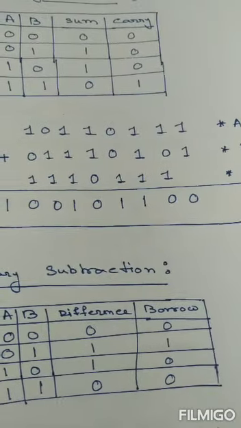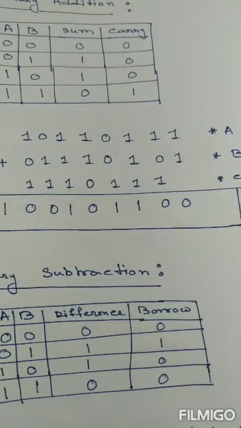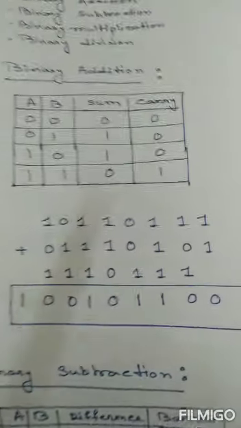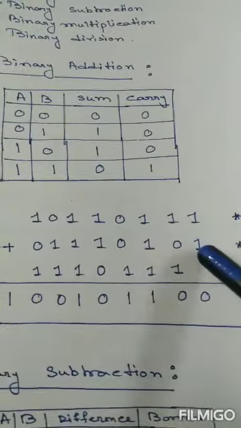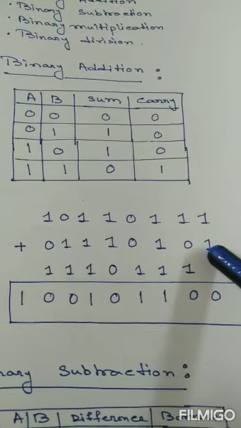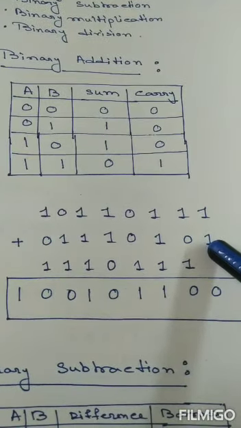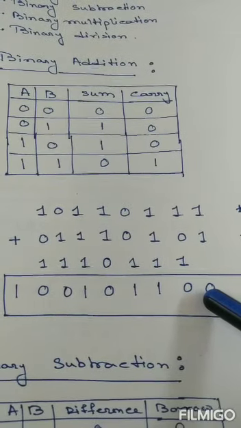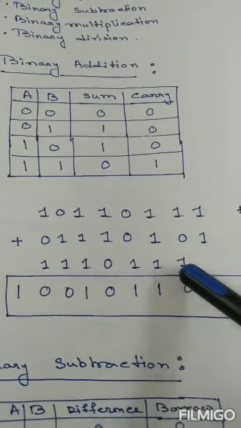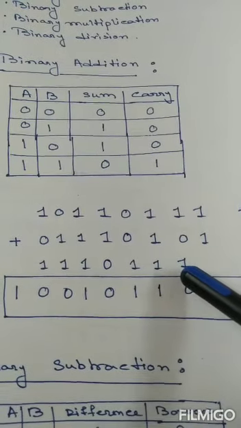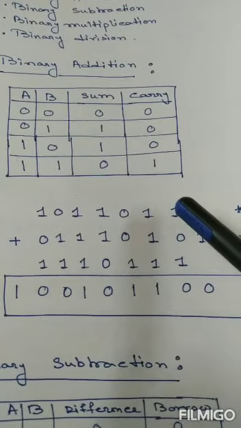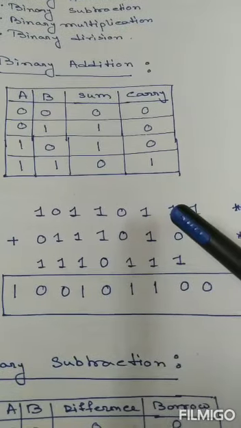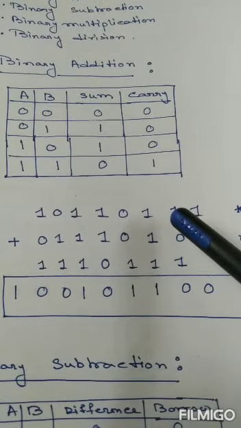First, add A plus B. So, first 1 plus 1. From the table, you can see that 1 plus 1, sum is 0 and carry is 1. So, add the carry with the next bit. Now, first add A plus B. Then, with the sum, add the carry.